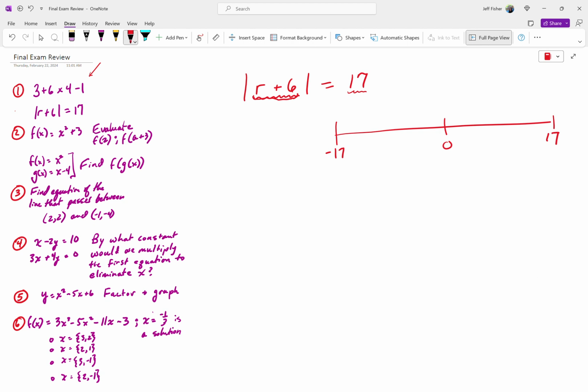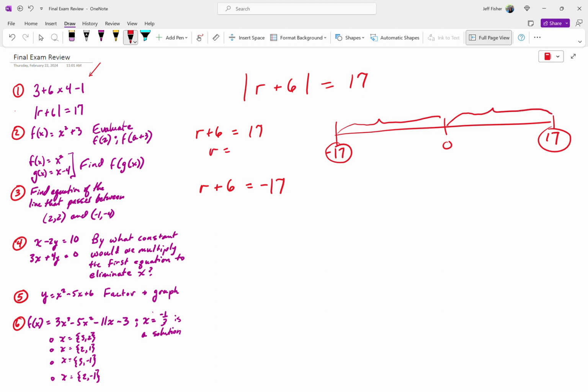So we set up two specific equations without the absolute value signs to solve this. We say r plus 6 equals 17. And then we also say r plus 6 equals negative 17. Because either one of those, the absolute value is going to be 17. It's going to be 17 spaces from 0 on the number line, which is the definition of absolute value.